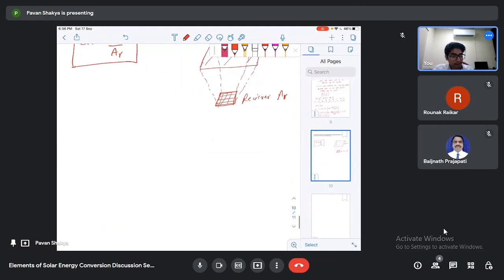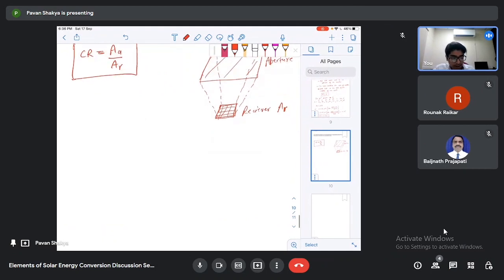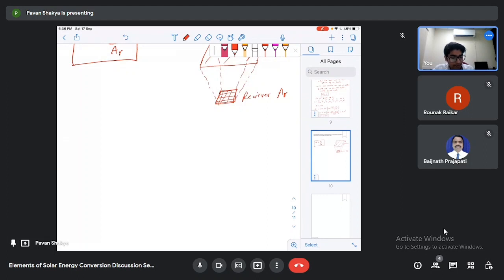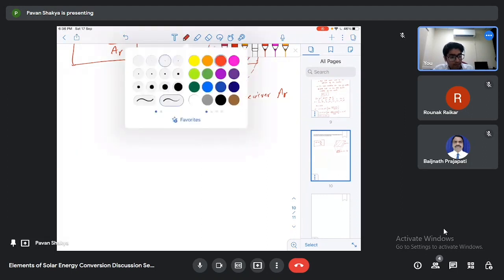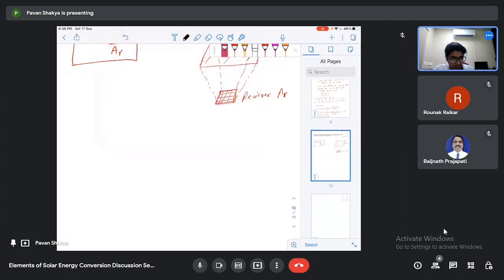Okay, so let's suppose this one is our sun. And this is the aperture that is placed at a distance of R from the center of the sun.